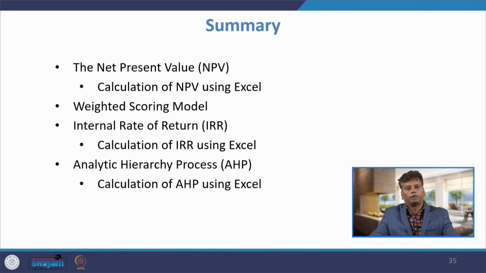Finally, I used a multi-criteria decision making technique called AHP, and also explained the calculation of AHP priority values using Excel. Thank you.